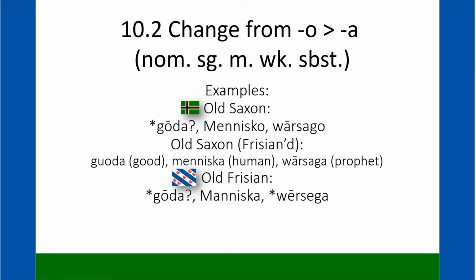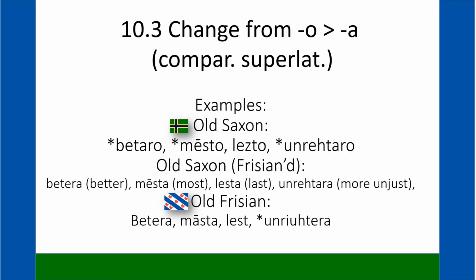But moving on. In the third example, we have from final O to final A in comparatives and superlatives. So starting with Old Saxon, we have betaro, nesto, letsto, and unrechtaro. Moving on to the Frisianized Old Saxon, we have betera, lesta, unrechtara, and finally in Old Frisian proper, betera, masta, lest, and reconstructed unrichtera.